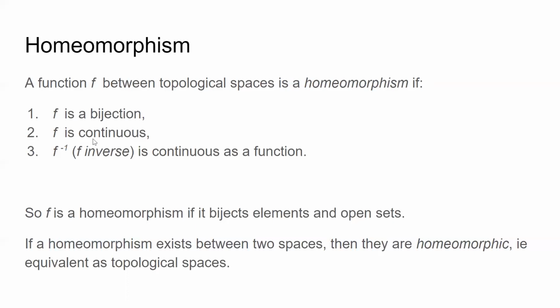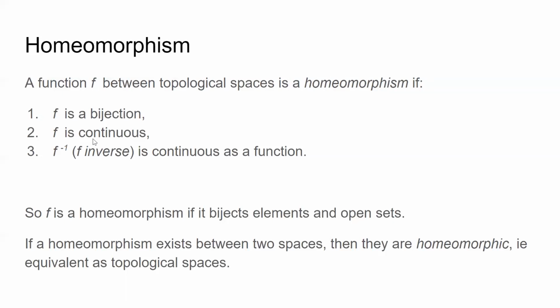So because I have that f is a bijection, it will be invertible. So I have f inverse as a function, and I want to make sure that both f and f inverse are continuous. The idea of this is that if f is a homeomorphism, it will biject elements and open sets. So it will be able to match up elements in such a way that open sets will correspond to each other.